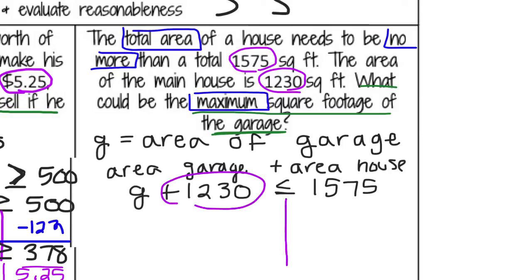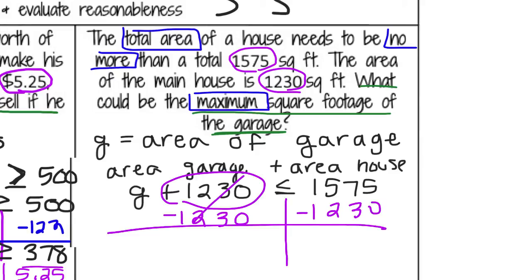I'm going to undo my constant. The opposite of adding 1,230 is subtracting 1,230. What I do on the side of the variable, I have to do on the other side. So I'm left with g is less than or equal to 1,575 minus 1,230, which is 345.